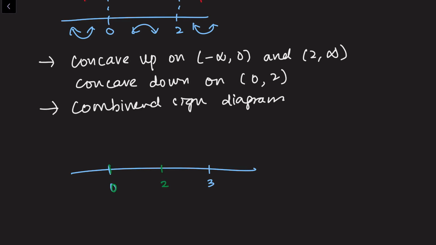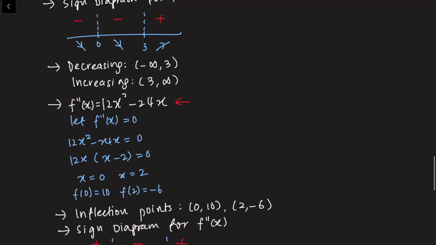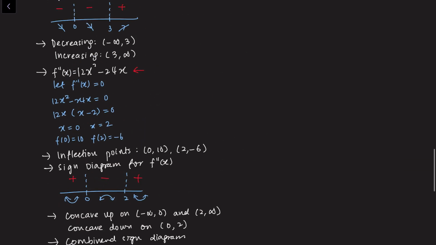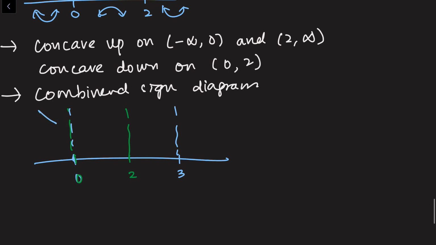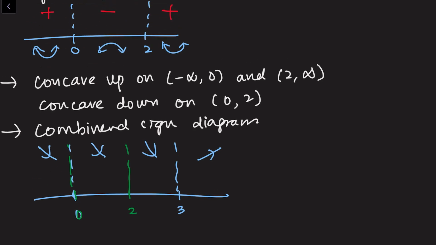Okay, so like this, and like this. So from 0, we look at the first derivative first. From negative infinity to 3, they are all decreasing. Then from 3 onwards, it is increasing. Then for concavity, from negative infinity to 0, it is concave up, then concave down, concave up, concave up.